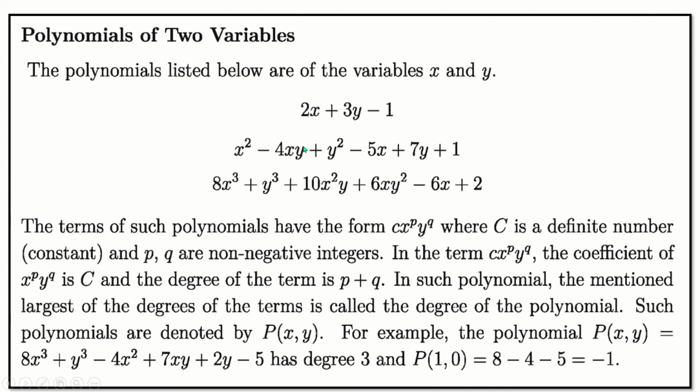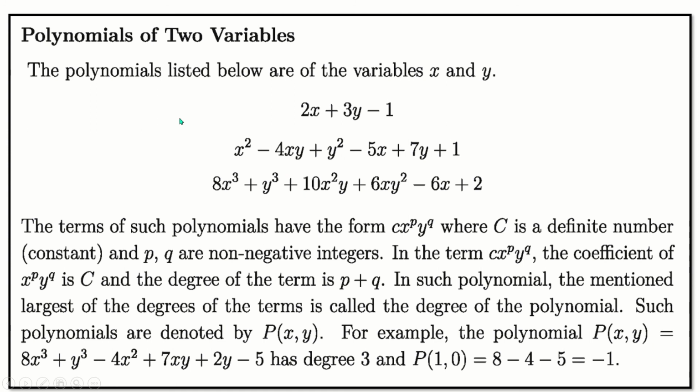Here x square, here also x square, so the degree will be 2. Here also 2, that means the degree of this polynomial will be 2. Here it will be 3, because the highest power of x or y is equal to 3. Clear everyone? So the degree will be 3.